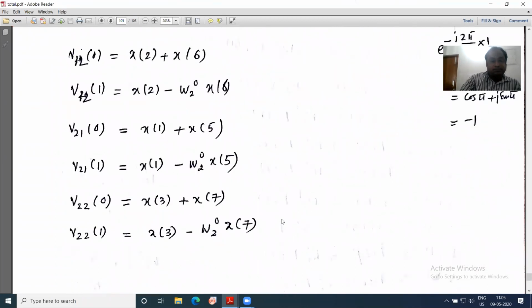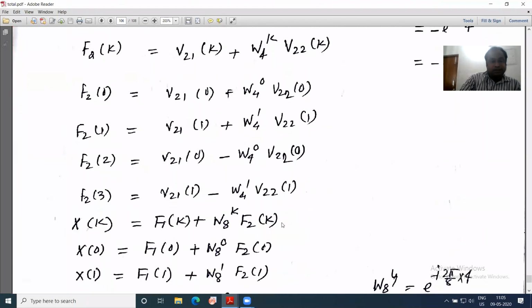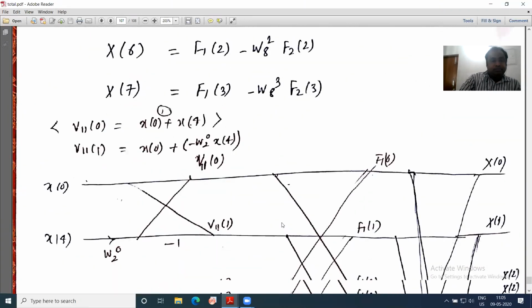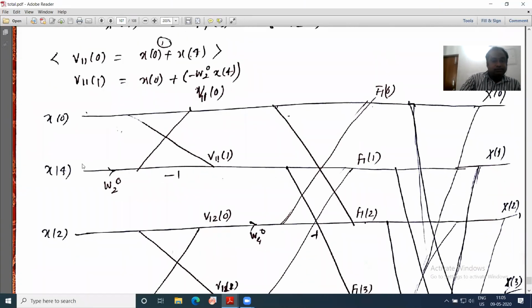Now let us come there. What I have done here: first, I have written x0, x4 here. Now I have v1 of 0, so x0 is coming from here, and w2^0 is essentially 1, w2^0 into x4 means 1, so this will become x0 plus x4, right? And in this plot, I am giving one multiplication by w2^0, so x0 is coming, and this w2^0 into x4 term will come in here.